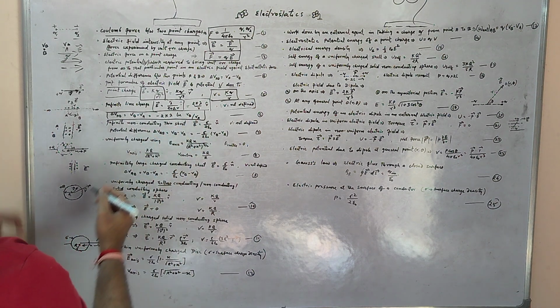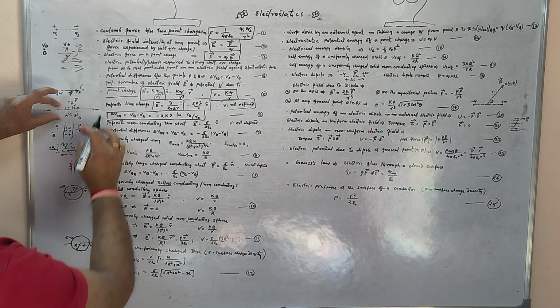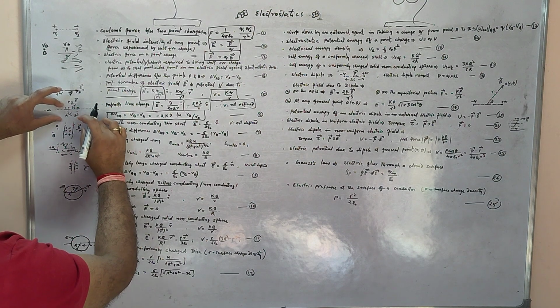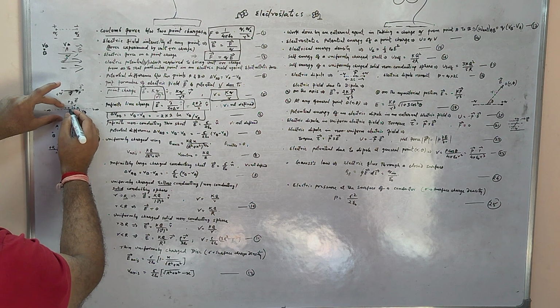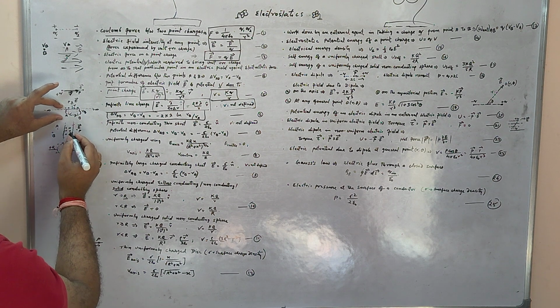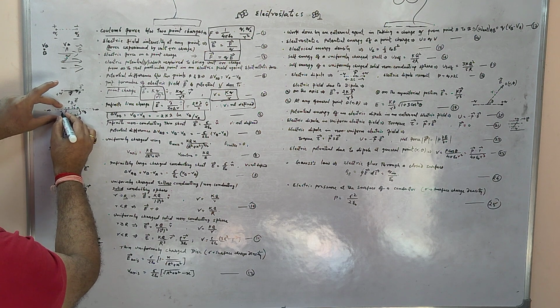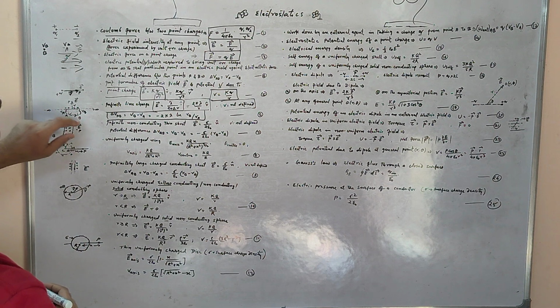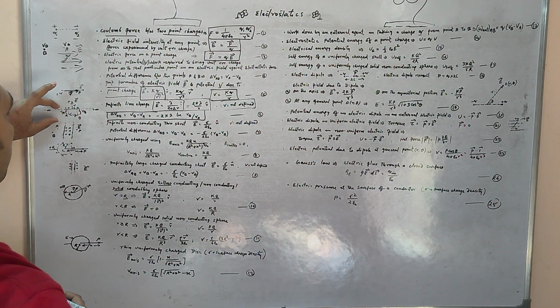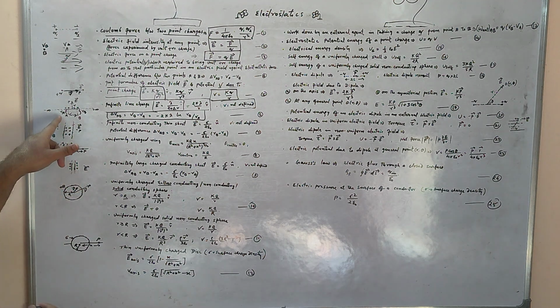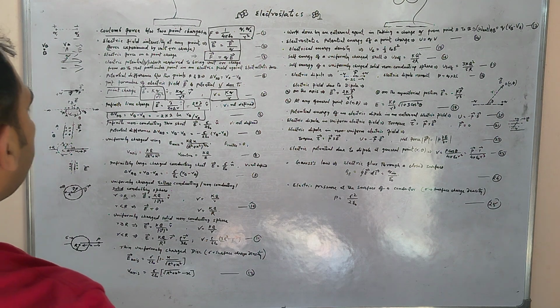Lambda is the linear charge density. RB and RA are the distances of A and B from this infinite line charge, respectively.